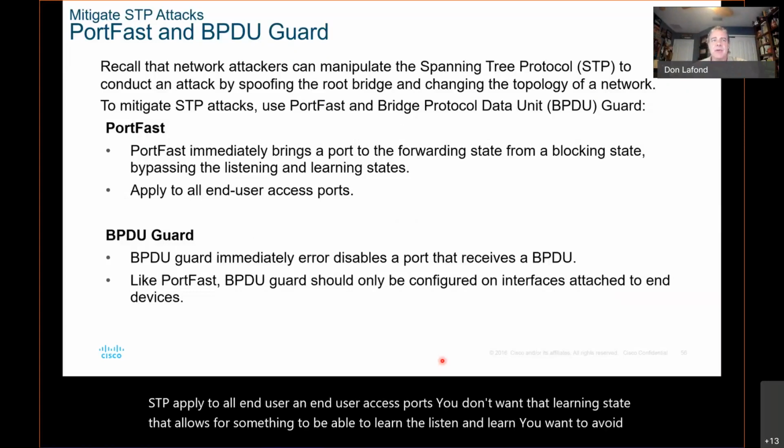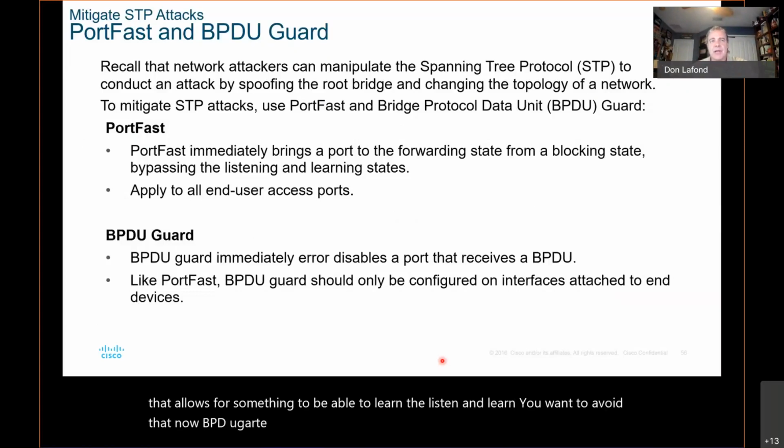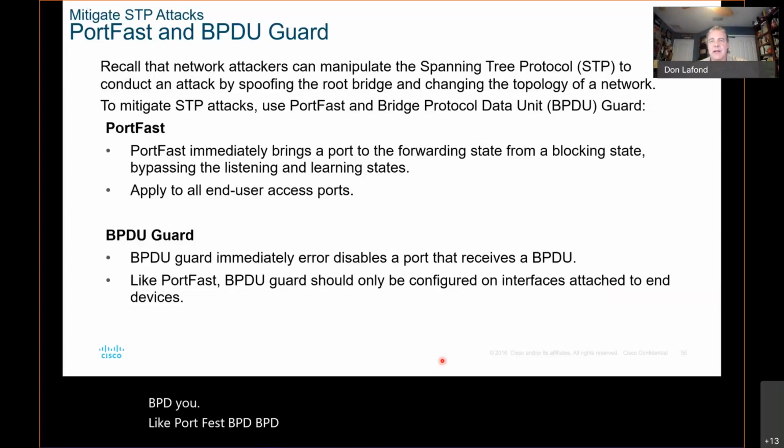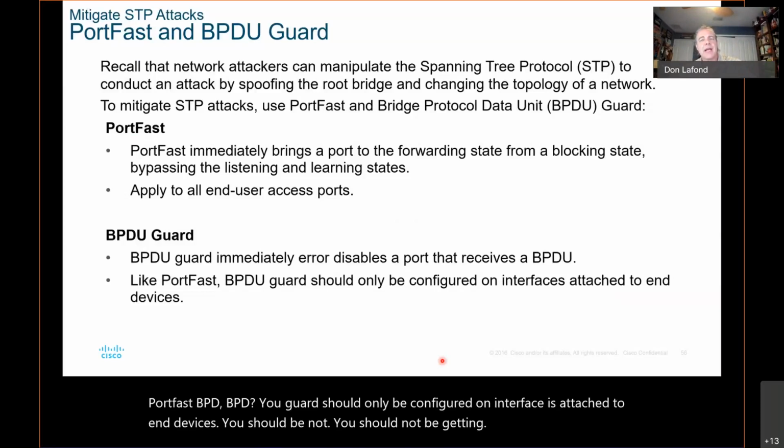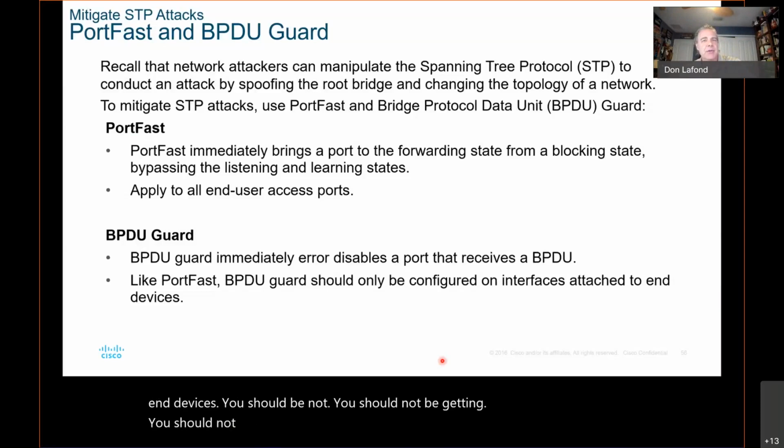Now, BPDU guard immediately error disables a port that receives a BPDU. Like PortFast, BPDU guard should only be configured on interfaces attached to end devices. You should not be getting BPDUs from access ports, right?